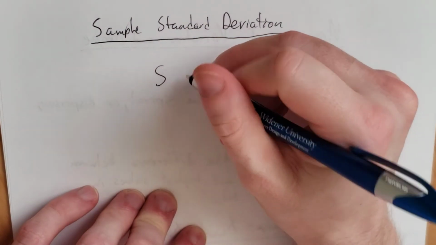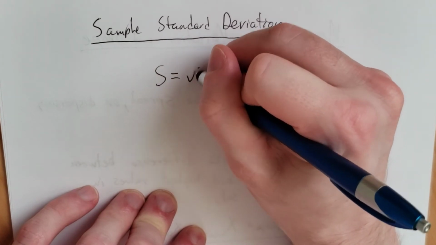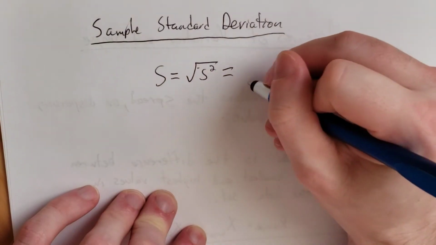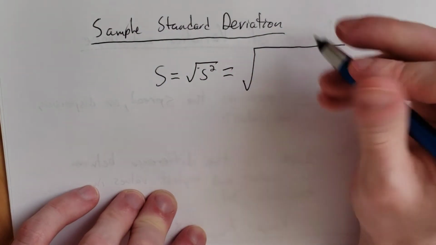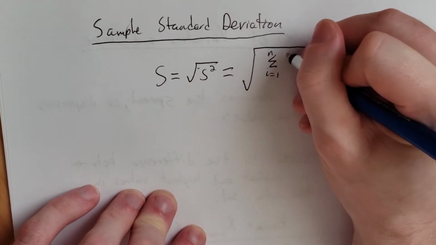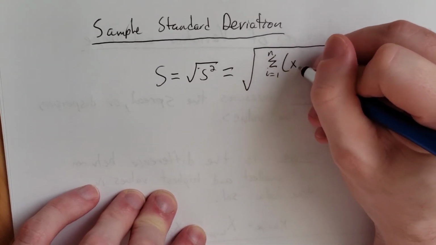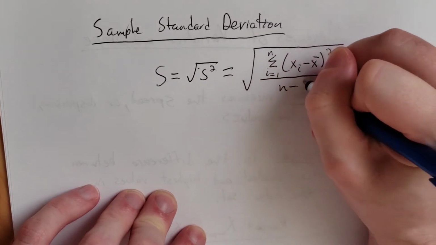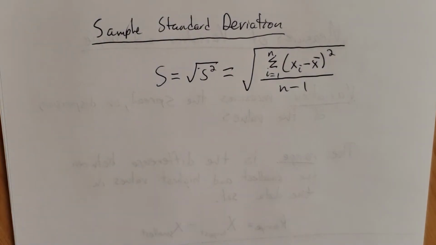And that is just the square root of s squared. So we label that with an s, which is this formula. It is the square root of the sum from i equals 1 to n of the squares of all of these differences, divided by n minus 1. All right, and that's our definition for the variance and now the standard deviation.